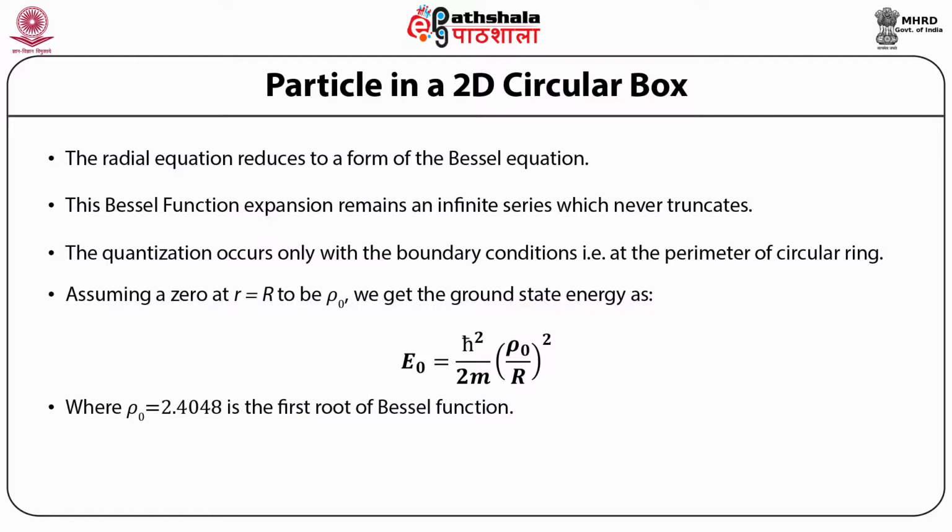So from this equation we get this expression for the ground state energy, and now putting the value of rho naught, that is, it is equal to 2.4048, which is the first root of the Bessel function, then E naught is equal to h cut square by 2m multiplied by 2.4048 by R the whole square.